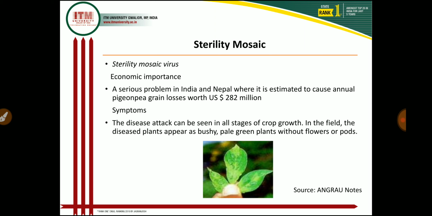Some plants show partial sterility, and if a pod develops, the seed may be small, shriveled and immature. So these are the partial sterility symptoms of the pigeon pea sterility mosaic disease.